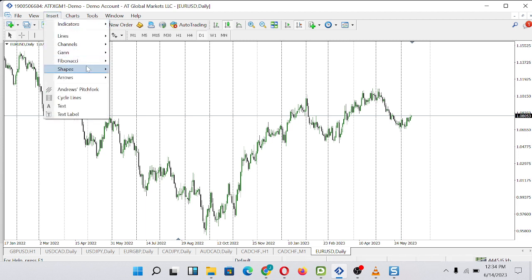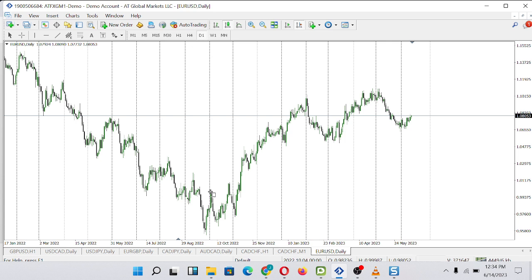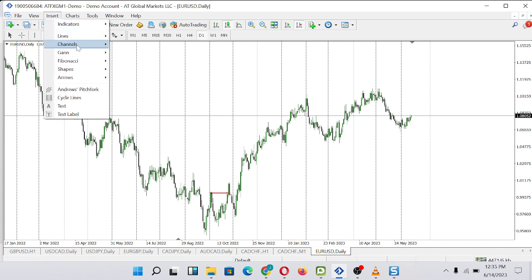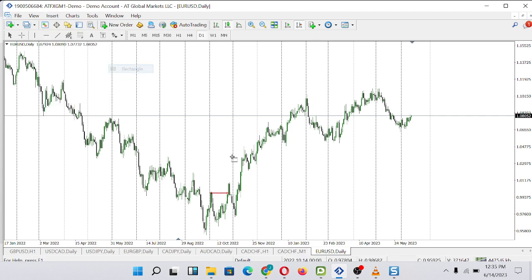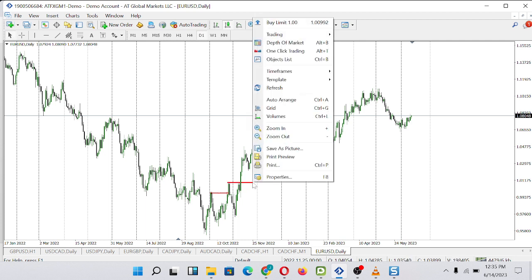So now if there's a shift in structure here at this point, we are looking at this zone, the last higher high created, as our take profit, okay?